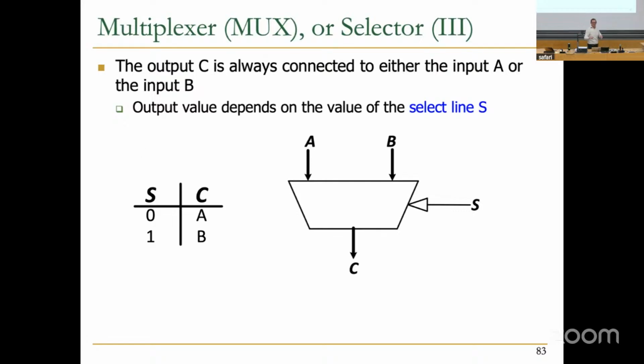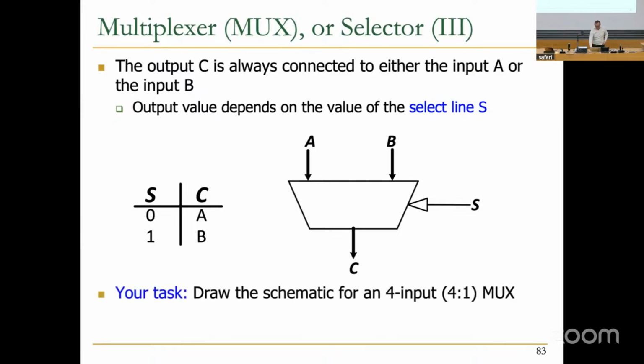It's a truth table that you can interpret as a human, but it's not a truth table the way we defined it. It doesn't have all the input combinations, basically, because inputs are over here. But it's a good way of thinking about it because this enables you to simplify things nicely from a logical perspective, right? Humans are not necessarily machines that just use ones and zeros, as you can see, right? So basically, if the select input is 0, output C is A. If the select input is 1, output C is B. I like this truth table.